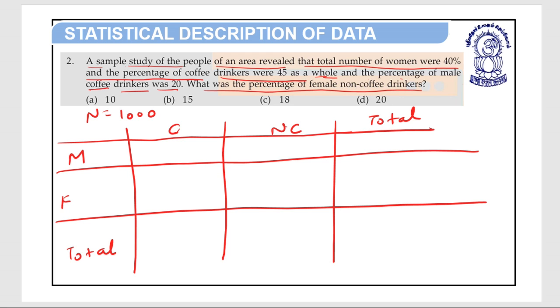So let's start with the... here 100, not 1000. So n is equal to 100.